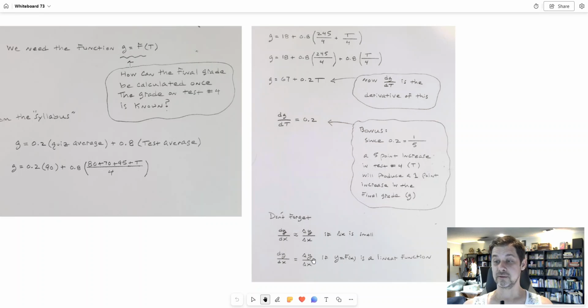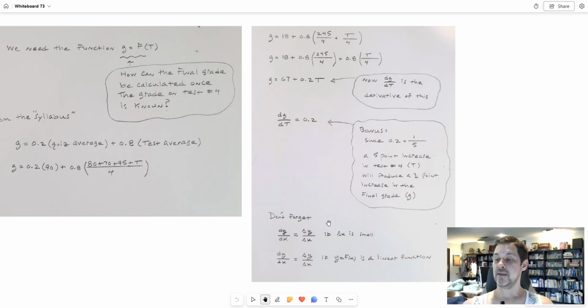So in general, for some function where y is a function of x, the derivative dy over dx will be approximately equal to delta y over delta x if delta x is small. So that means the derivative tells me approximately how x and y are going to change together.